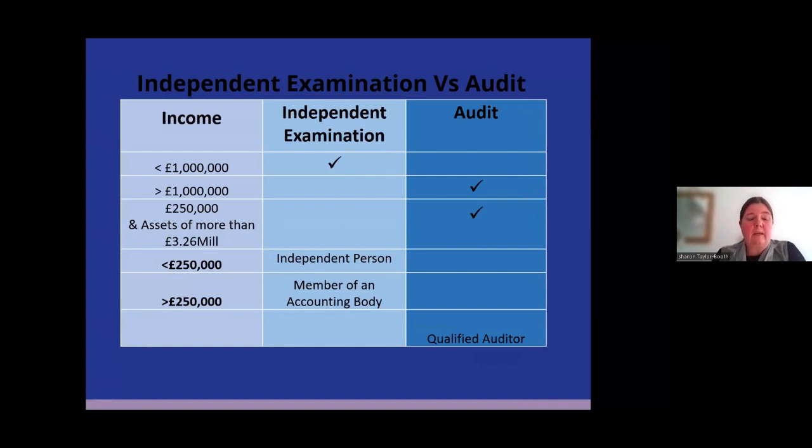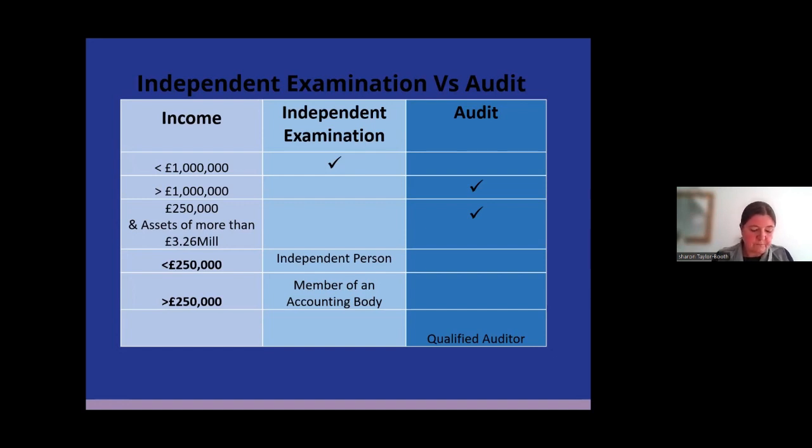So just briefly talk to you about independent person at this point. What is an independent person? It is somebody that is not related to the PCC, and members of the PCC, and is not related to the person who is preparing the accounts. It is somebody who is independent.